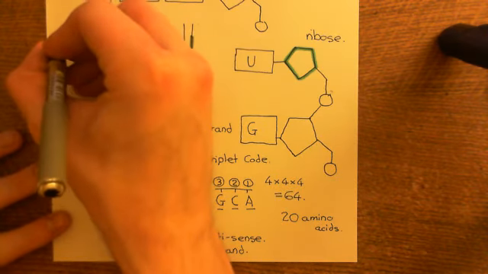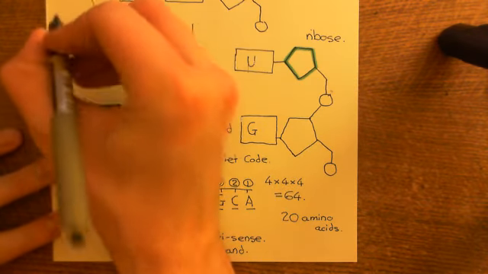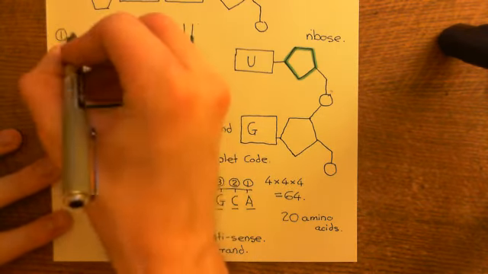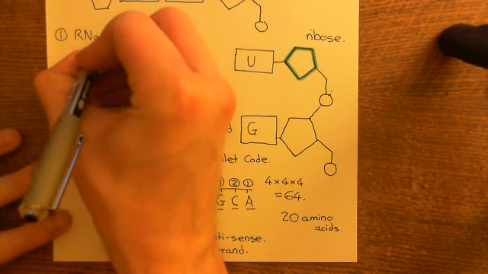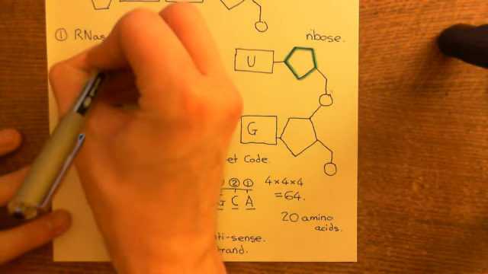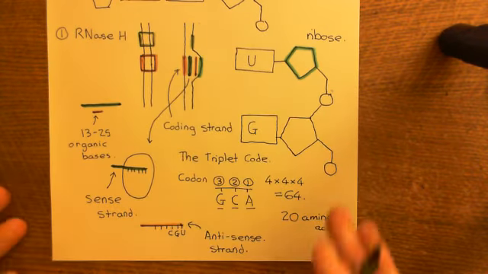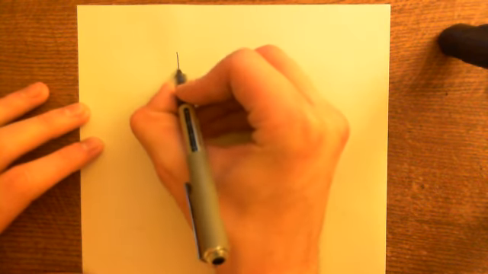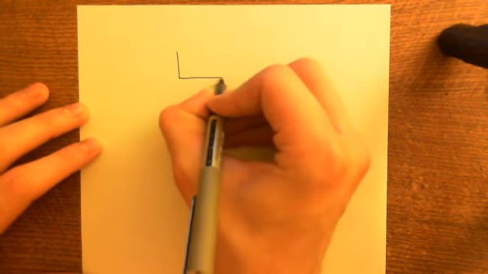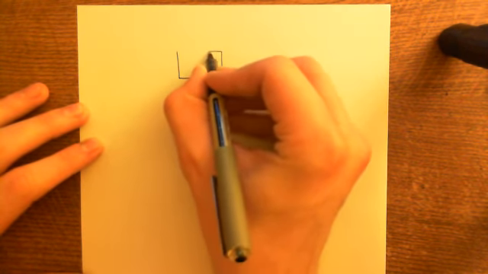The first is that it can work via an enzyme known as RNase H. So, what is RNase H? Well, let me go over the page and tell you about it. RNase H is an enzyme which degrades RNA-DNA hybrids.